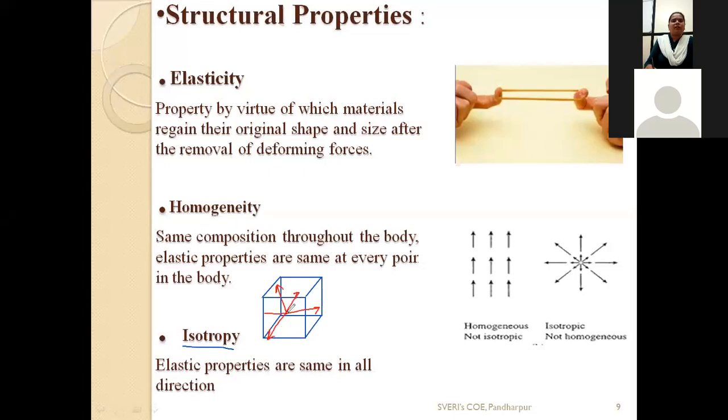Suppose here, also here, and here. So isotropy means if elastic properties are same at every direction. Means we have to check elastic property at each and every direction.